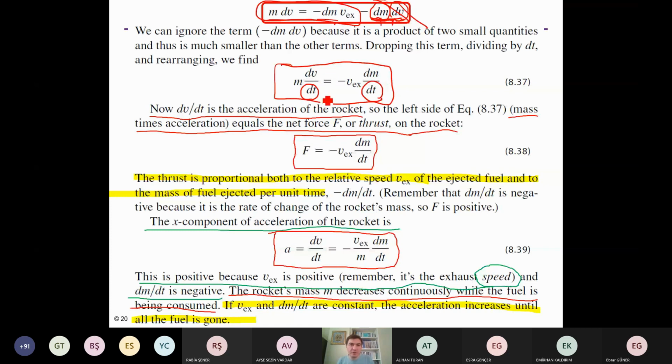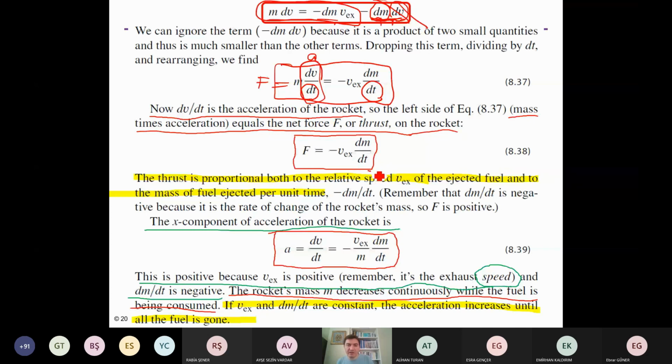So what is dv over dt, or the time derivative of velocity? What is this? This is acceleration, okay? And m times a, this is the force. And on the right side, what do we have? Minus vx times dm over dt.